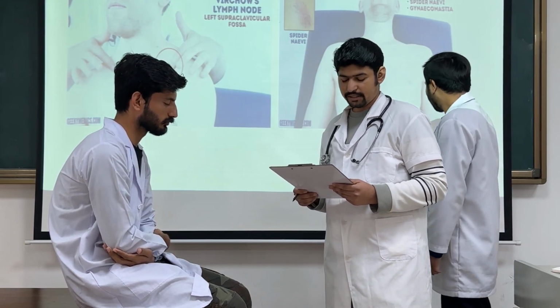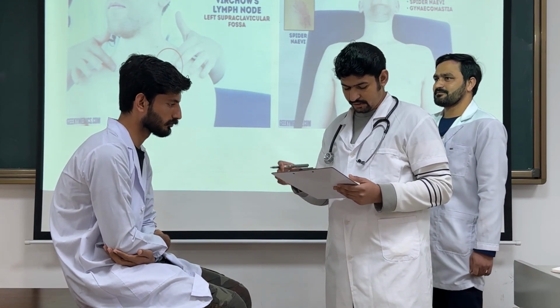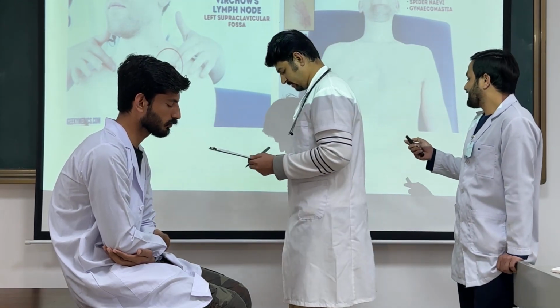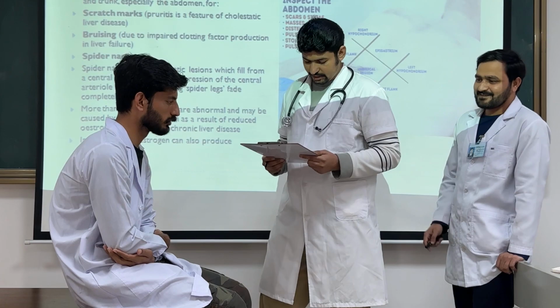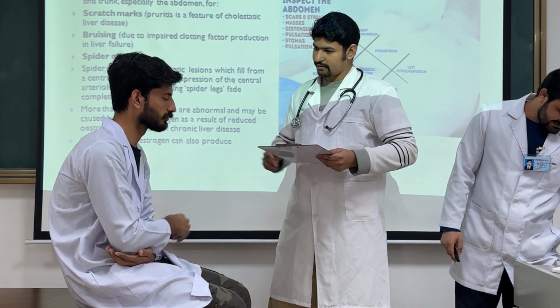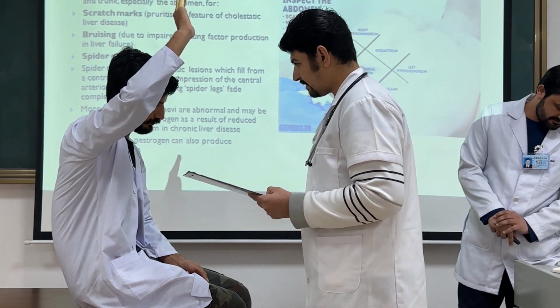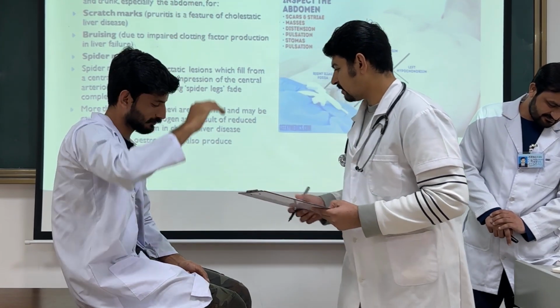Here we look for asterixis, as in hepatic encephalopathy and uremia. Now inspect the axilla. Sir, could you just lift up your right arm, please? Here we check for acanthosis nigricans. Now the left arm.